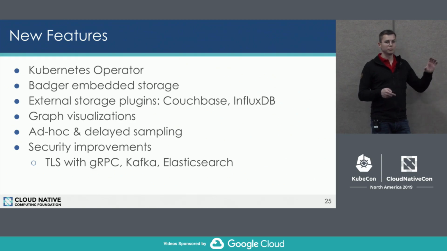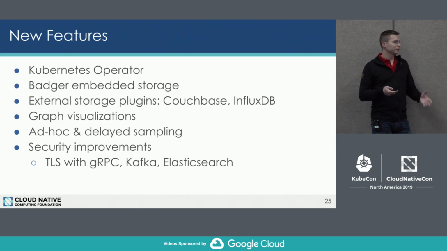This is something like Prometheus, where you have all your data and Jaeger in a single pod. And we also published the storage plugin based on gRPC. At the moment, there are two available implementations, one for Couchbase and another for InfluxDB. Yesterday, we talked about graph visualizations, where you can compare two traces.